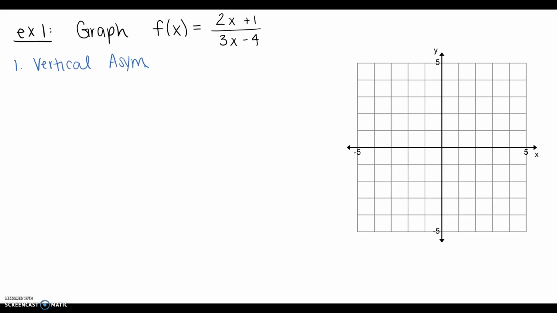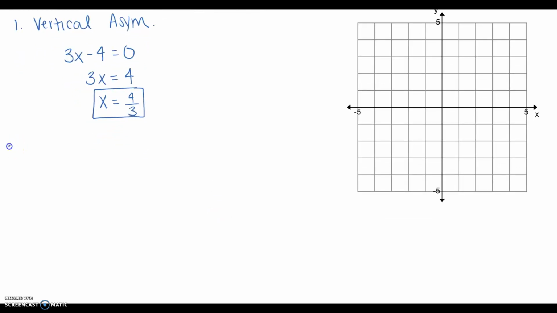So first thing we do to find that, we're going to set the denominator 3x minus 4 equal to 0 and solve for x. So we have 3x equals positive 4, divide by 3. So x equals 4/3. That is our vertical asymptote.